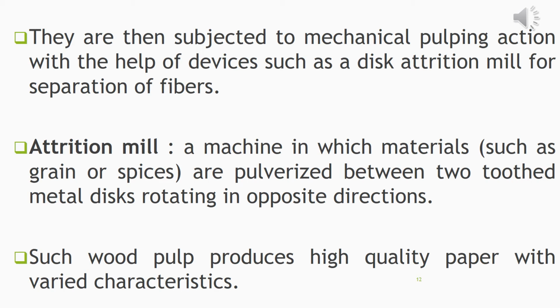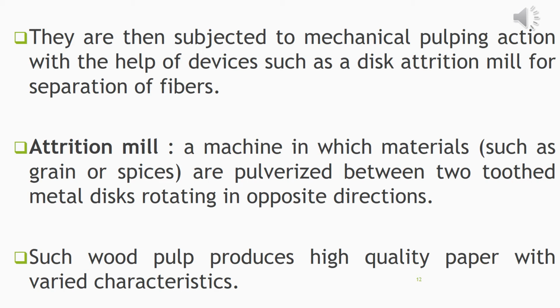An attrition mill is a machine in which materials are pulverized. It has metal discs rotating in opposite directions, and these discs have teeth on their edges or margins.